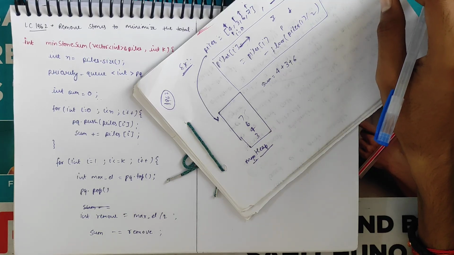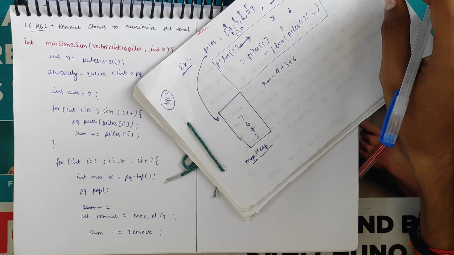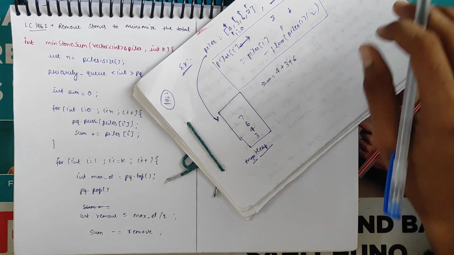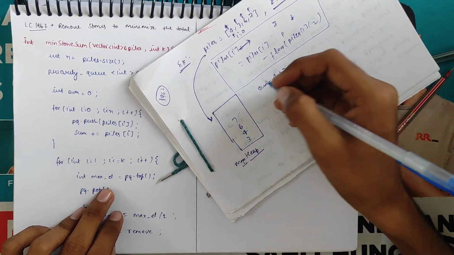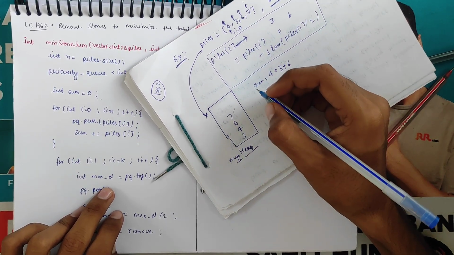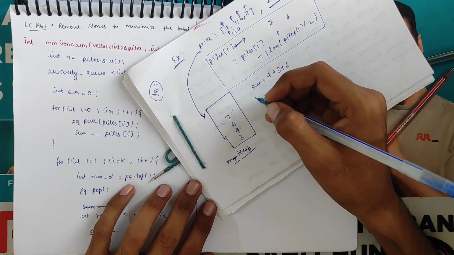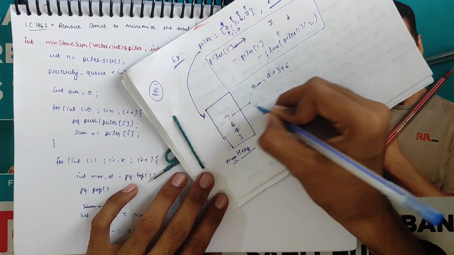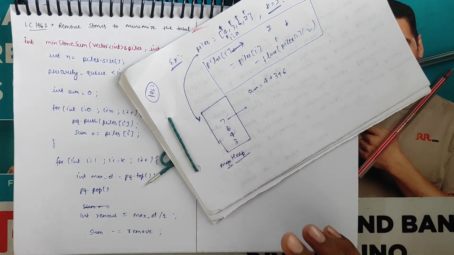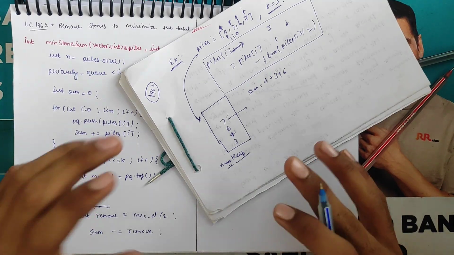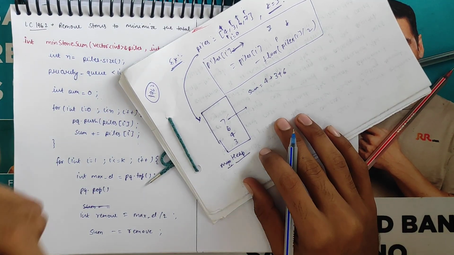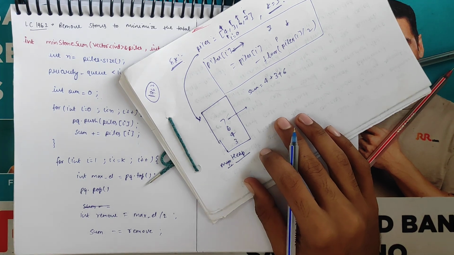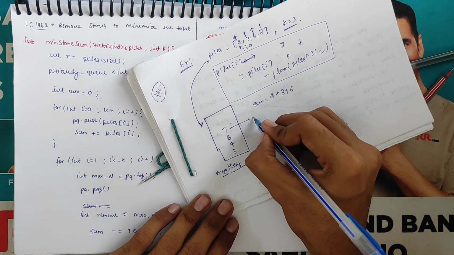First we initialize a variable maxElement, which is the topmost element from the max heap, because the max heap is always in decreasing order, so the maximum element will always be the topmost element.